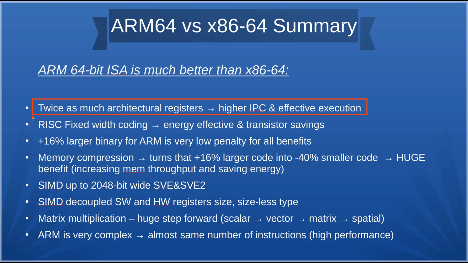The next thing is ARM is based on RISC with fixed encoding, which brings energy efficiency and makes the architecture really simple. So you can have more transistors for the execution units, which improves performance.